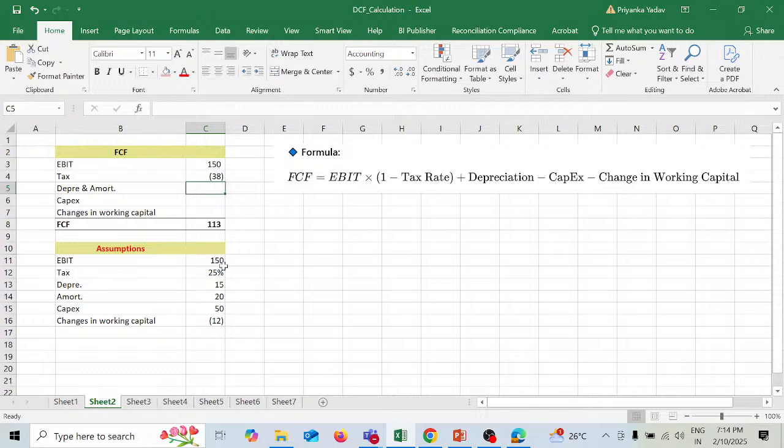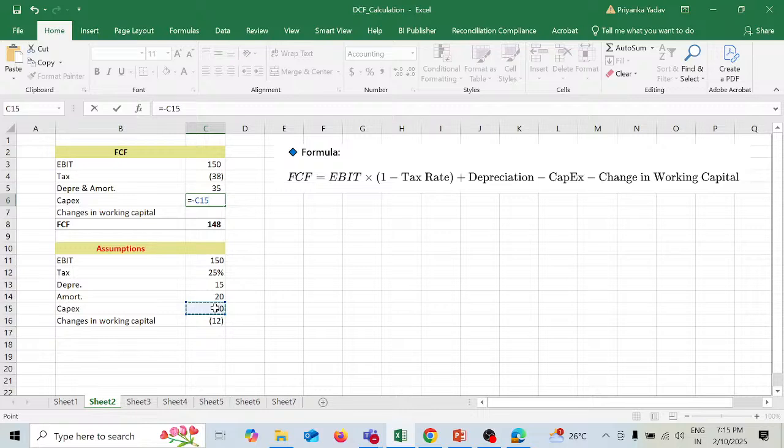Depreciation and amortization, we're going to add up both of these figures. Capex will pick up straight away from here, but this will be negative.